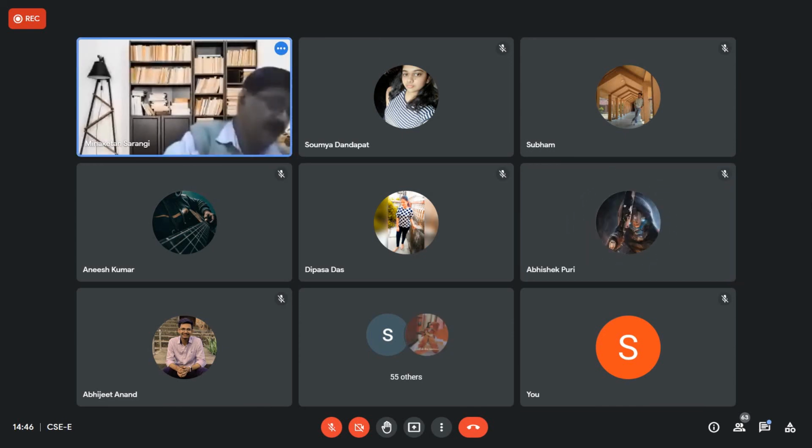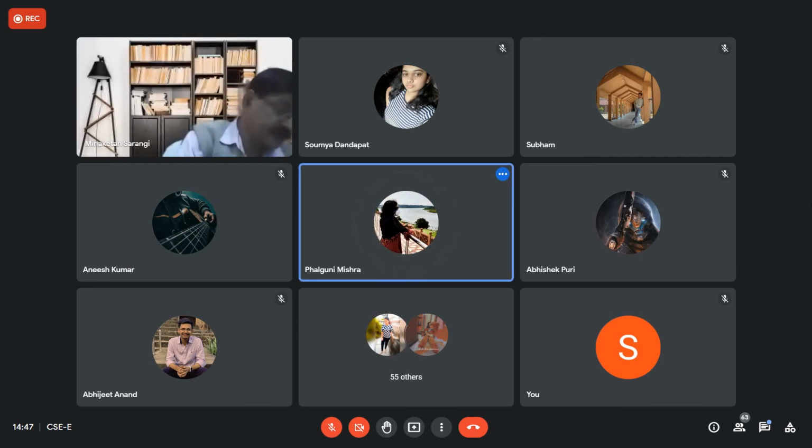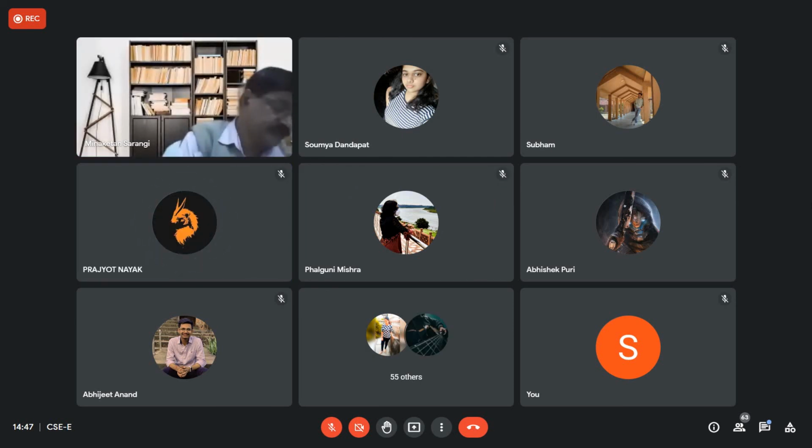Roshan Panigrahi, Phalguni Mishra, Present, sir. Rajat Kumar Naik, Present, sir. Angana Ghosh, Present, sir.